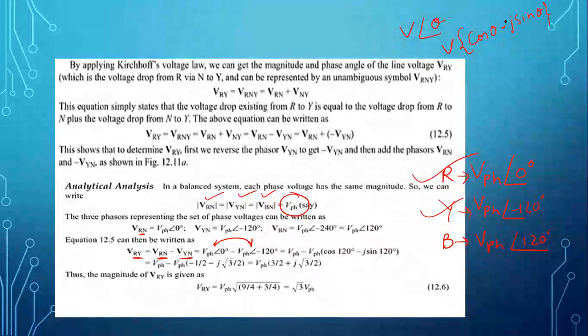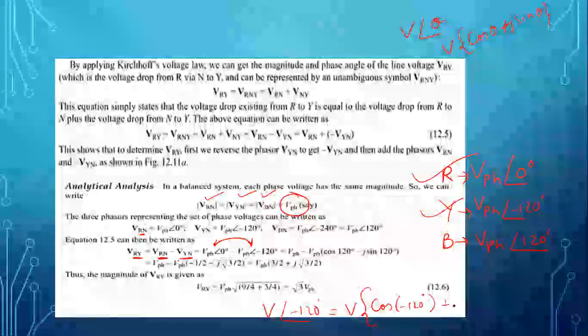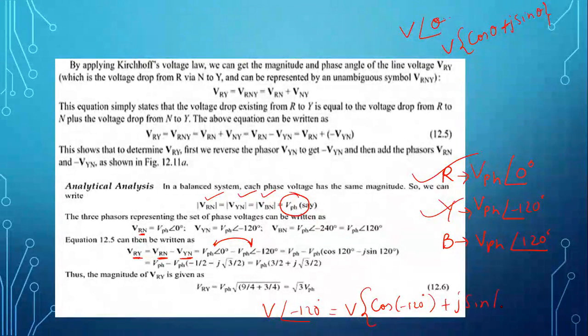We can use the plus sign here for general notation: V of cos theta plus j sin theta. So it is written over here as V of minus 120 degree. What I can write for this is V multiplied by cos of minus 120 degree plus j sin of minus 120 degree.